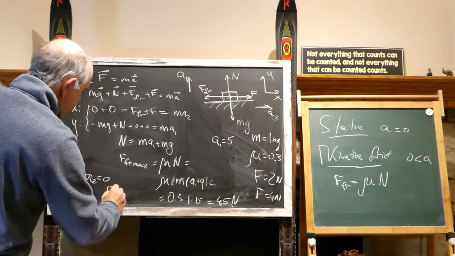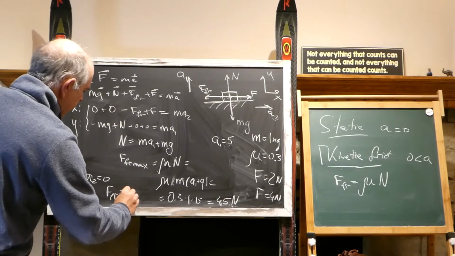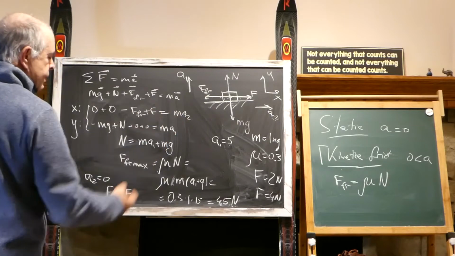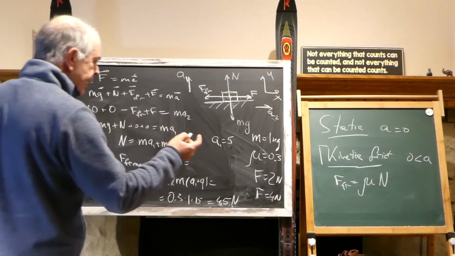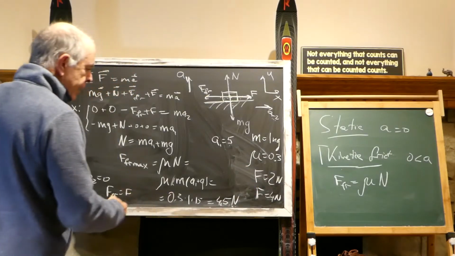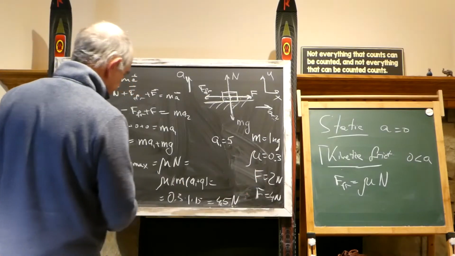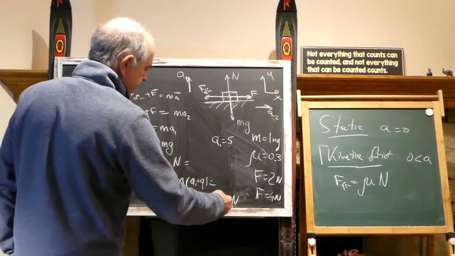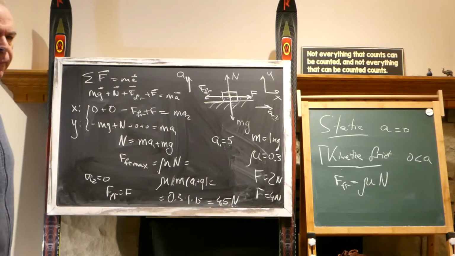And F friction would be equal to F, because this would be 0, and it would be the static case, and F friction would be either 2 if we apply 2, or it would be 4 if we apply 4, but in all cases it would be less than 4.5.